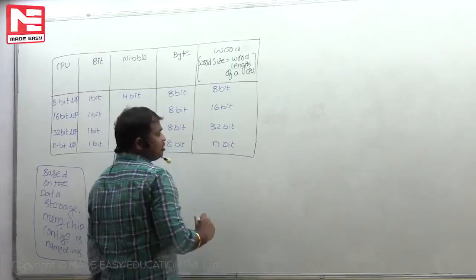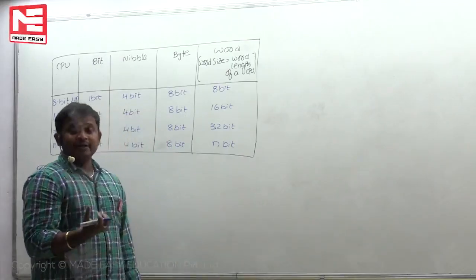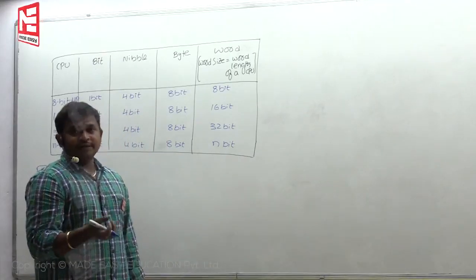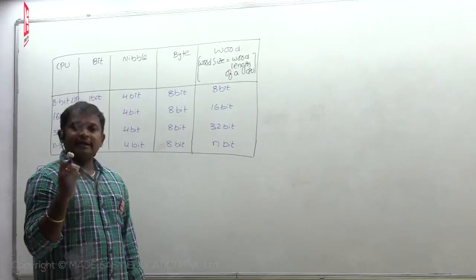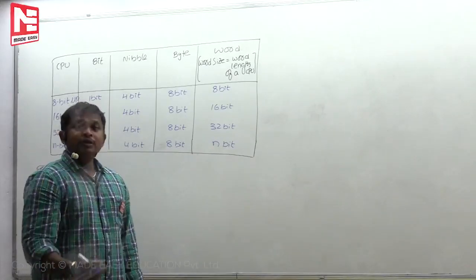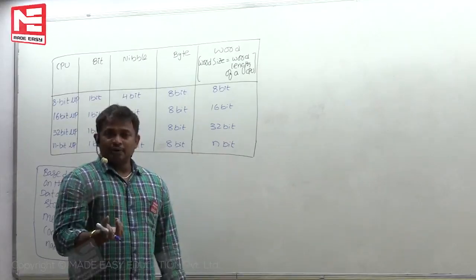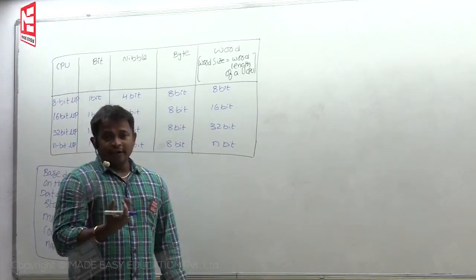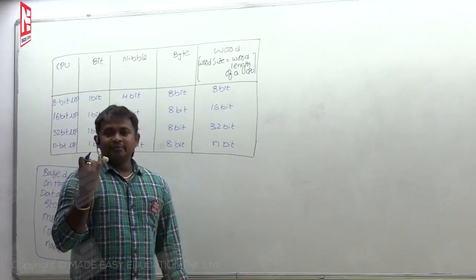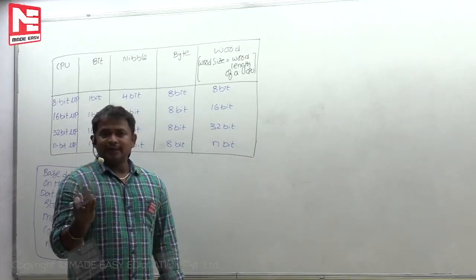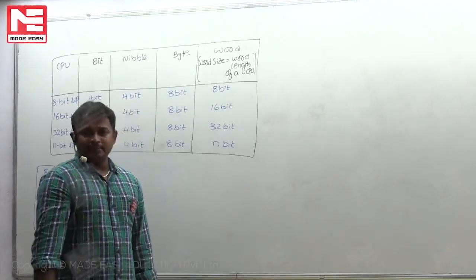Similarly, when we want to store the data into the memory in a word-wise format, then design the memory cell with a word size. Okay, so based on the data storage, memory chip configuration is 4 types: bit addressable memory, nibble addressable memory, byte addressable memory, word addressable memory.